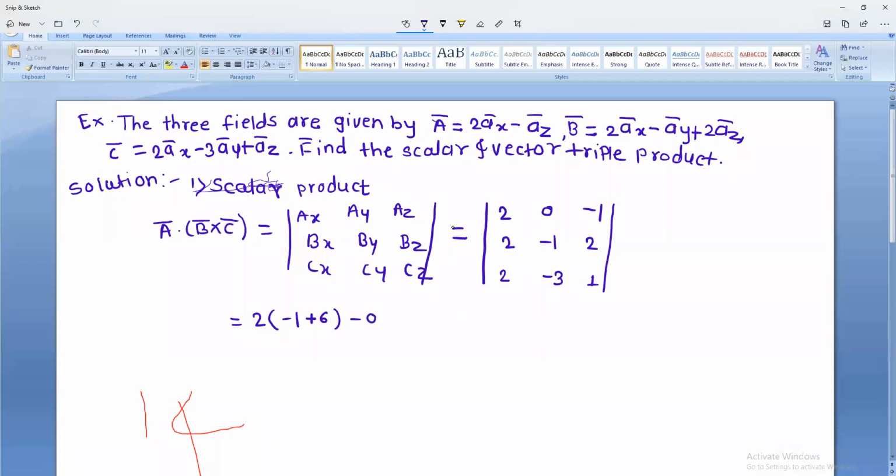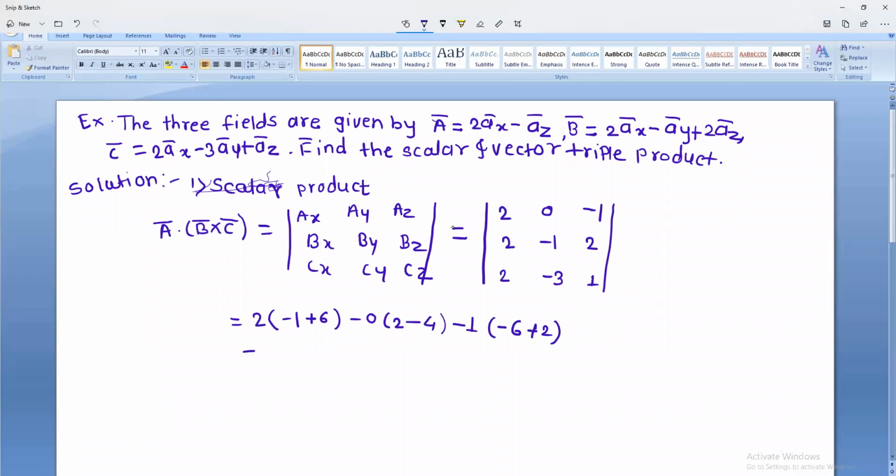And minus 0 into 2 into 1, it is 2 minus 2 into 2, 4. Okay. And minus 1 into 2 into minus 3 is minus 6, and 2 into minus 1 is minus 2. And this minus minus plus 2.